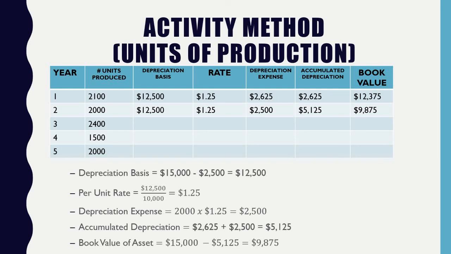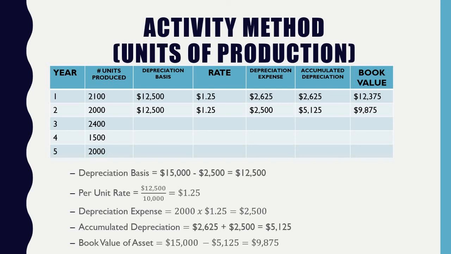So here you notice that your first two columns are already filled in. The only things you're filling in here are your depreciation expense, your accumulated depreciation, and your book value. I already went ahead and calculated it for you.